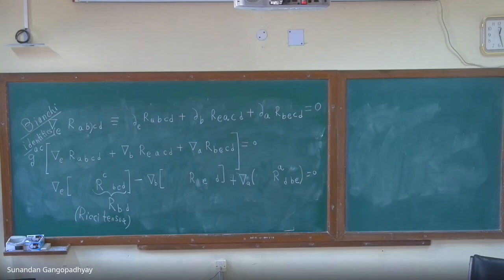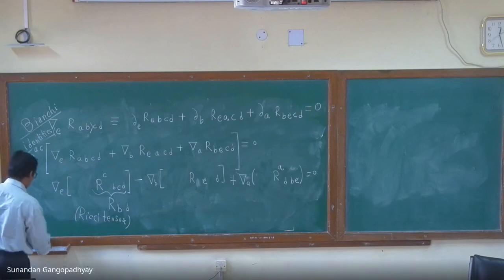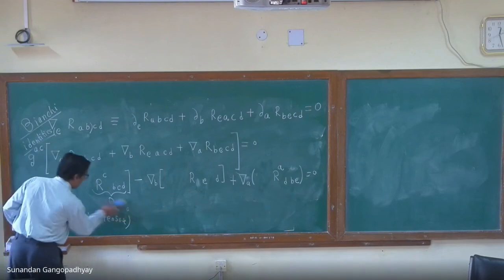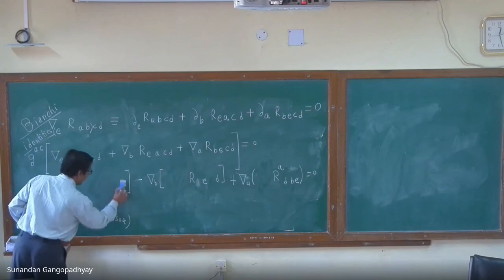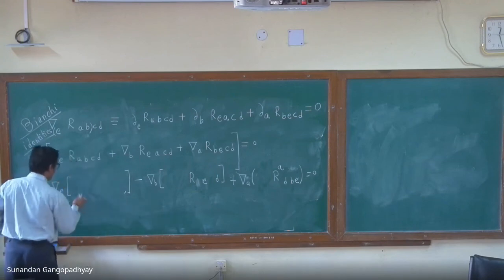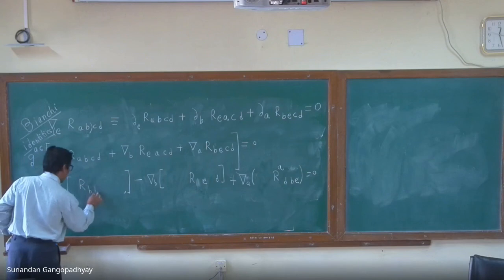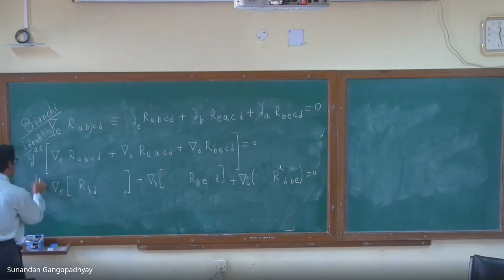See, as George mentioned, you should end up with the contraction. You have to contract with another. Simplify it, that is what I am saying. Please simplify it. So assuming this part R_BD, the Ricci tensor, you contract it with g^{BD}.